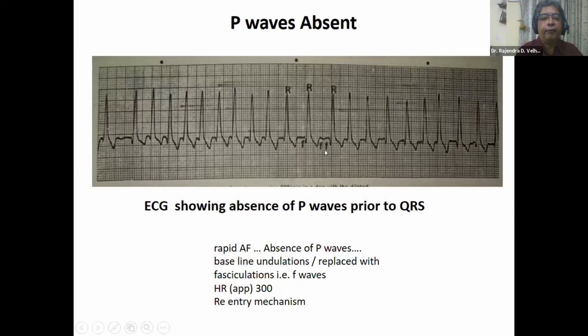These are called the F waves. So absence of P waves and baseline replaced with undulations or fasciculations called F waves is a characteristic feature of atrial fibrillation. So when P waves are absent, you can first think of whether there is atrial fibrillation. Of course, this has to be correlated with the clinical history of the patient and other diagnostic modalities.